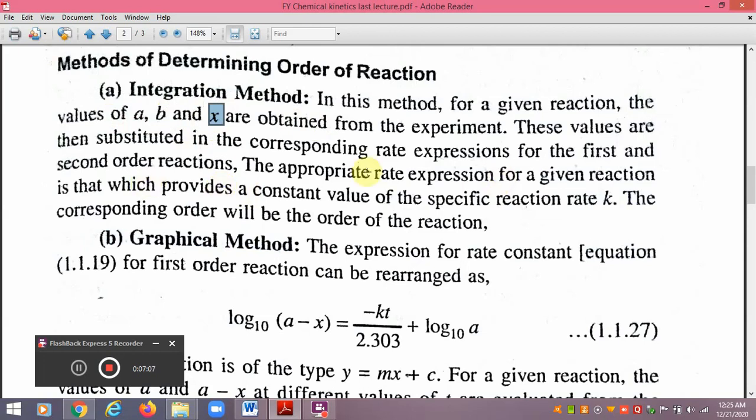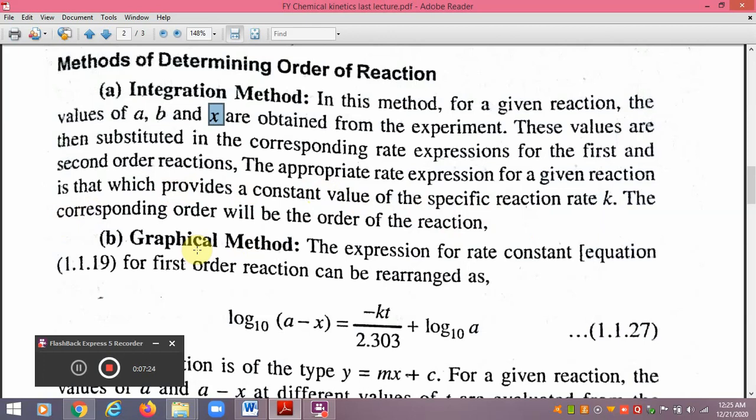These values are substituted in the respective expression, and the appropriate rate equation for the reaction is the one that provides a constant value of specific reaction rate. This is a trial and error method.